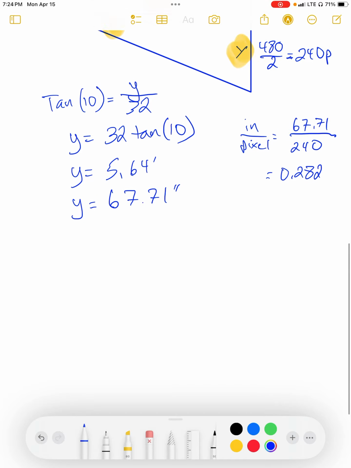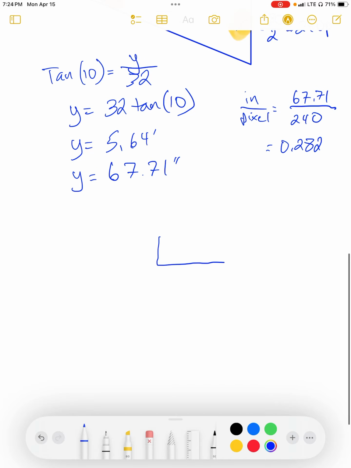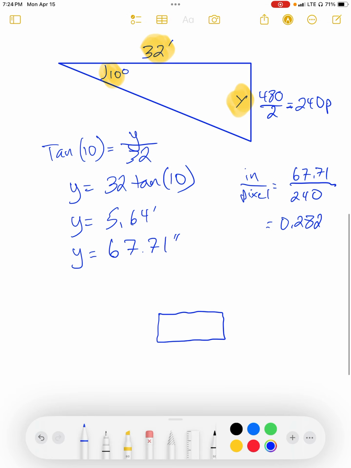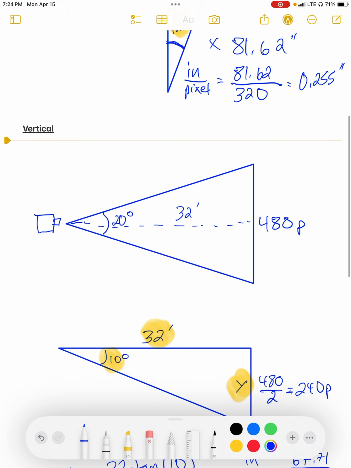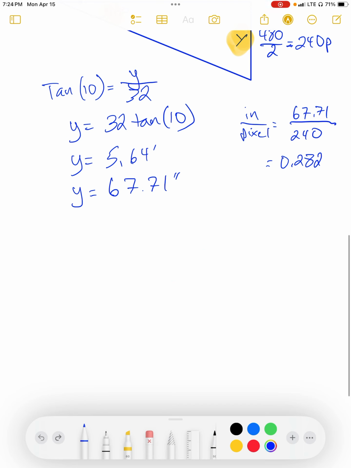If we draw our pixel, remember our pixels are now going to be slightly rectangular instead of square. They're almost square, but not quite square. Let me see if I can turn it into a nice clean rectangle.